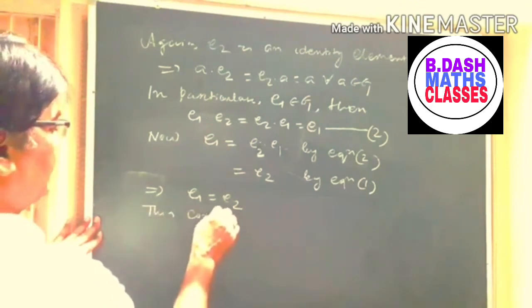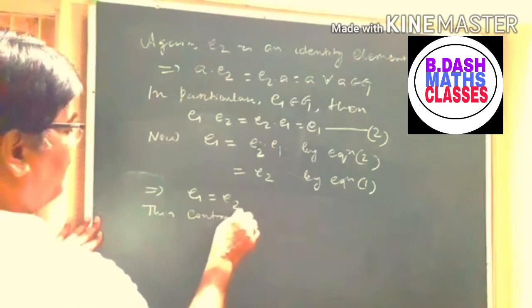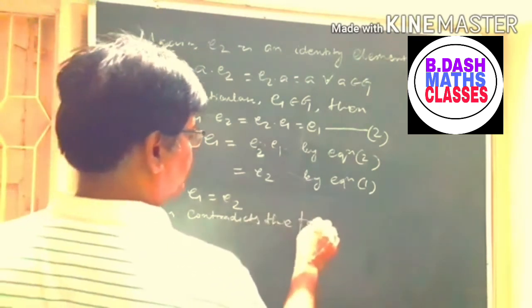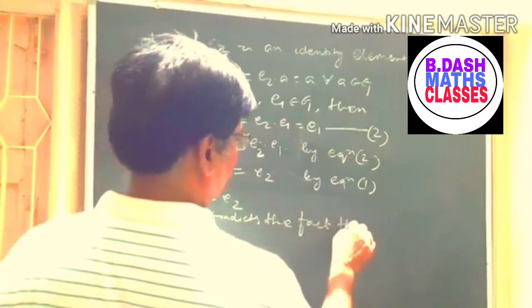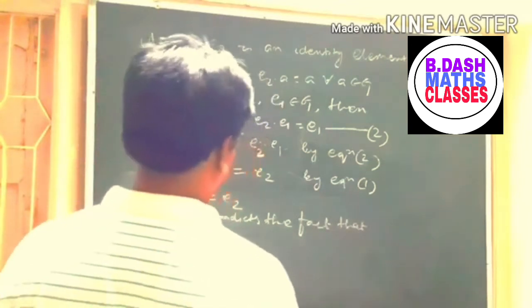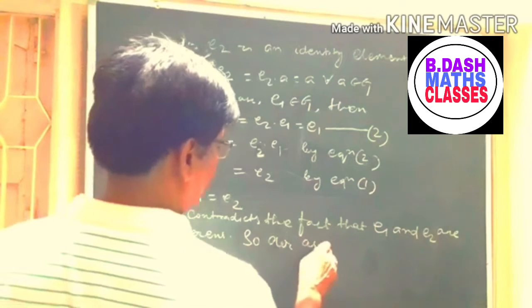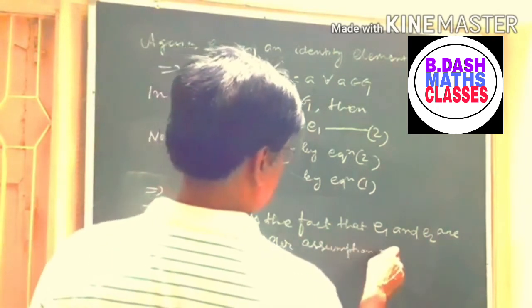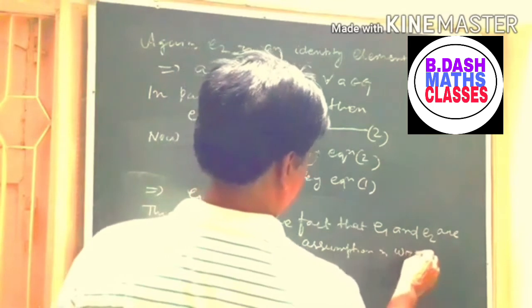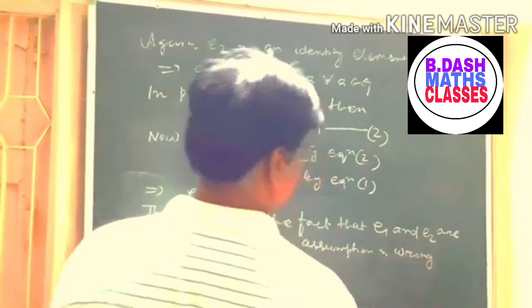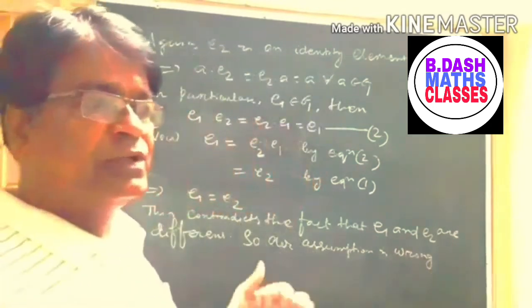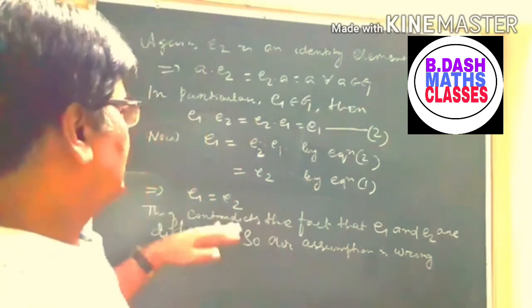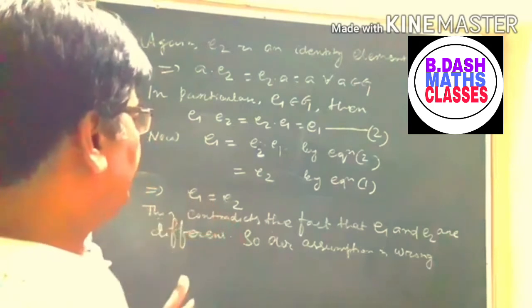This contradicts the fact that our assumption is wrong, because we have chosen E1, E2 as different elements, but they are coming to be the same.